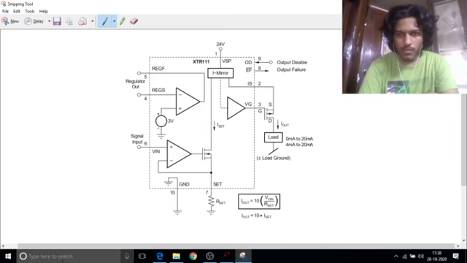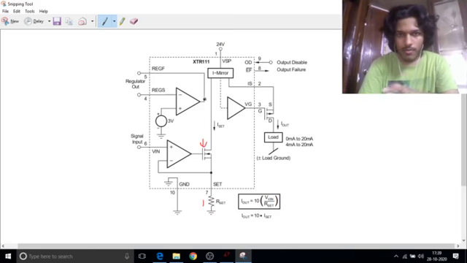There are no resistors in the circuit. Instead we have MOSFETs, and here this is the external resistance R set, which is used to adjust our value. As I said, we are using MOSFETs instead of the resistors.